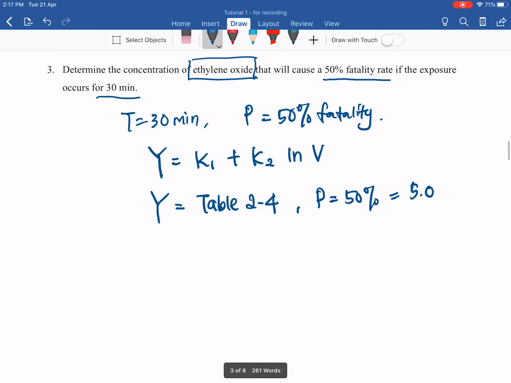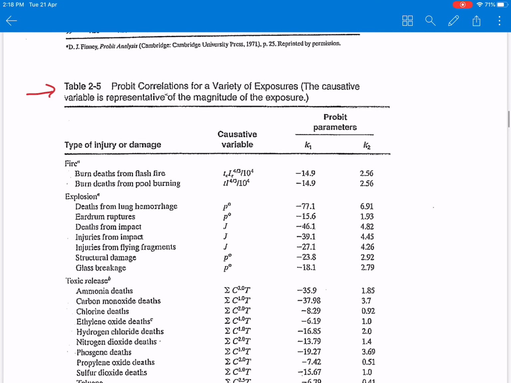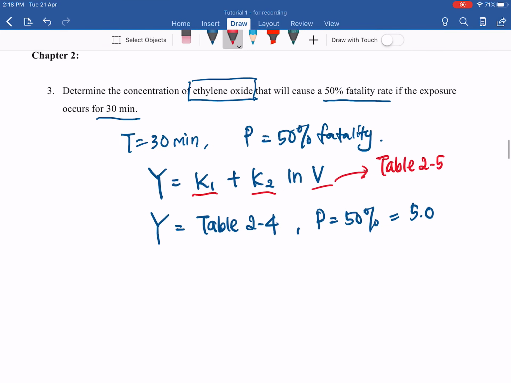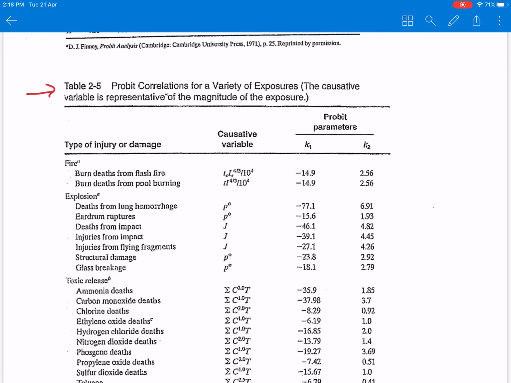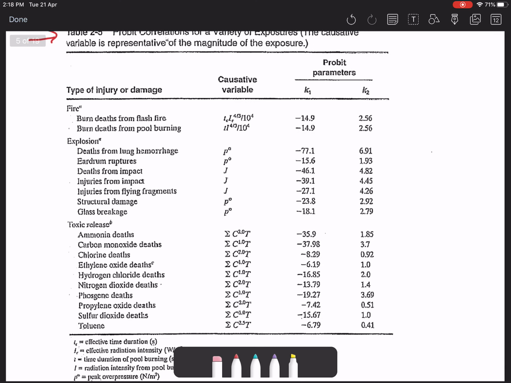Now we want to find out the K1 value, K2 value, and V value, and these three values can be taken from Table 2.5. So let's take a look at Table 2.5 here. What was the chemical again? Ethylene oxide. We are looking for ethylene oxide. So go to Table 2.5, look for ethylene oxide. I think we found it here.